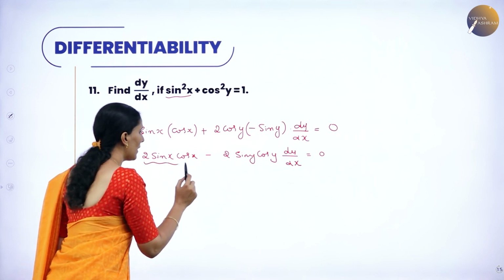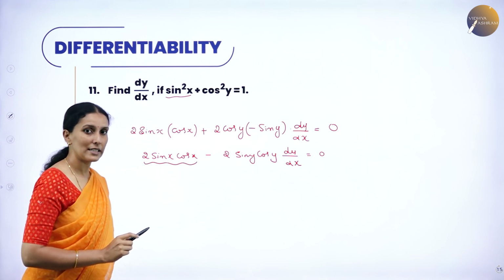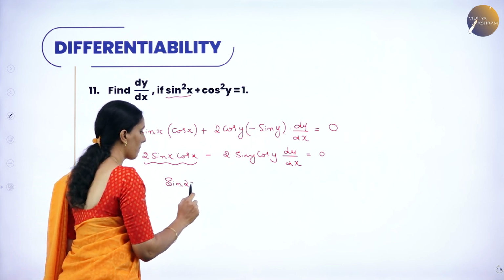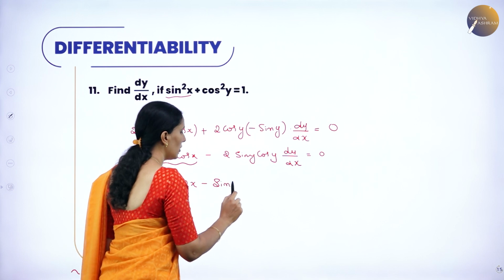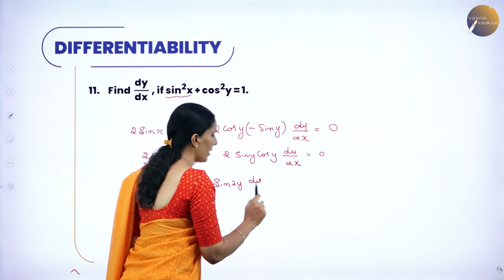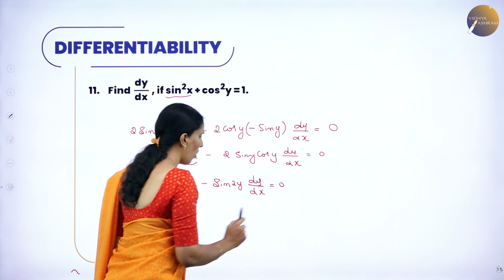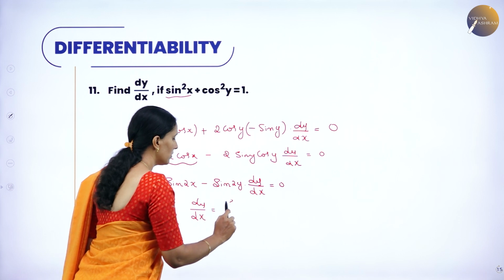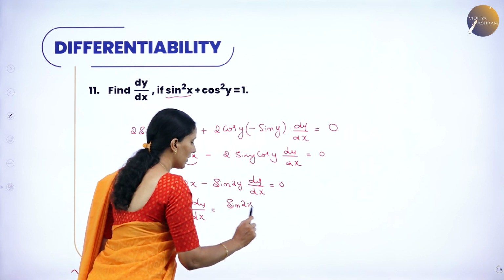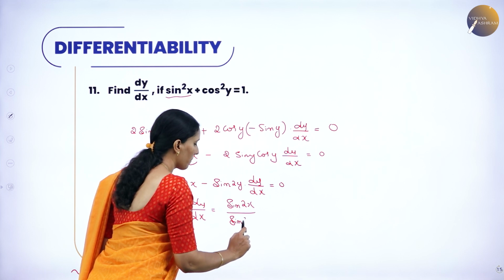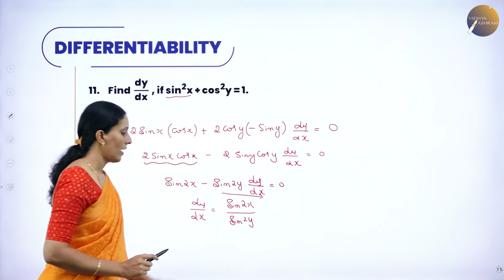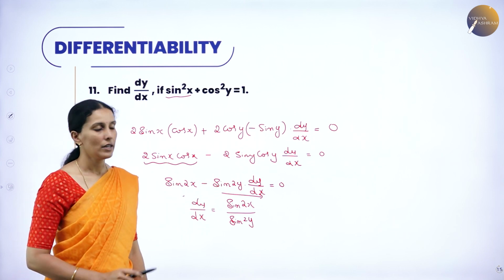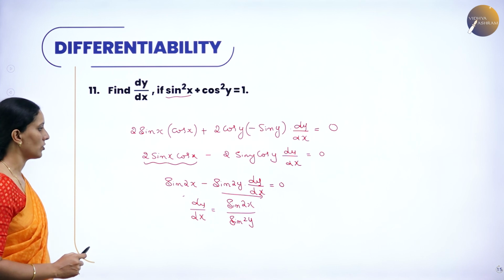So using the multiple angle formula, 2 sin theta cos theta is nothing but sin 2 theta. So therefore here it becomes sin 2x minus sin 2y into dy by dx is equal to 0. So when you move this, dy by dx becomes sin 2x divided by sin 2y. So this is the derivative of the given function.